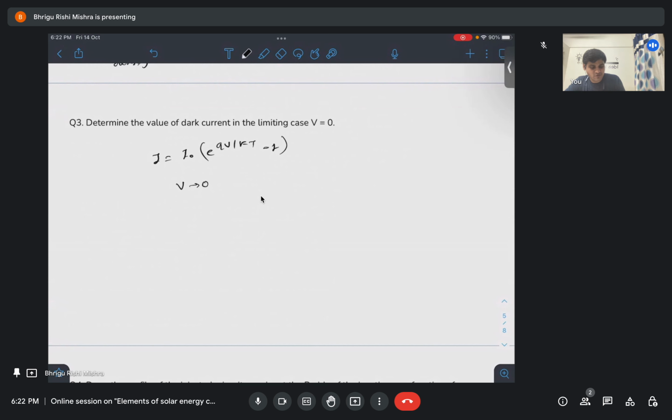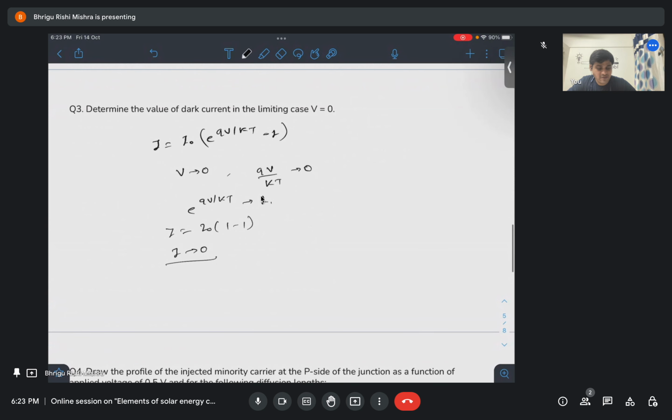When V tends to 0, qV by kT also tends to 0, and in that case e to the power qV by kT tends to 1. So simply I equals I naught times (1 minus 1), and thus I also tends to 0. So when there is no voltage, then dark current is also 0.